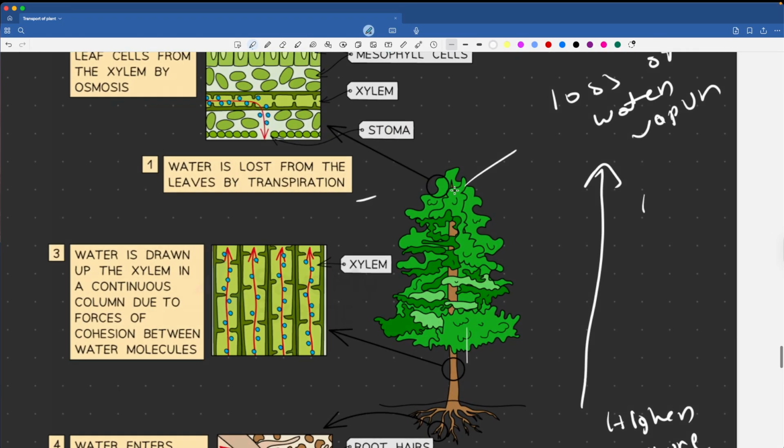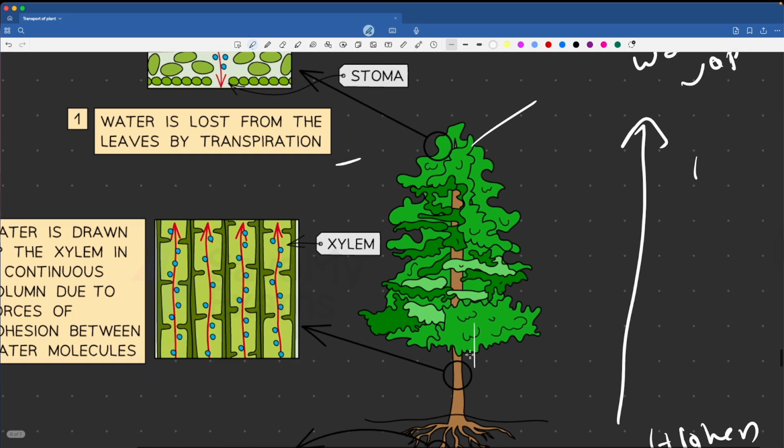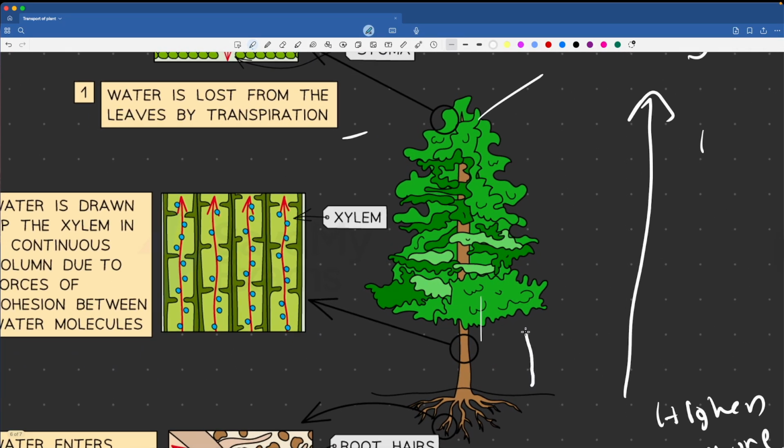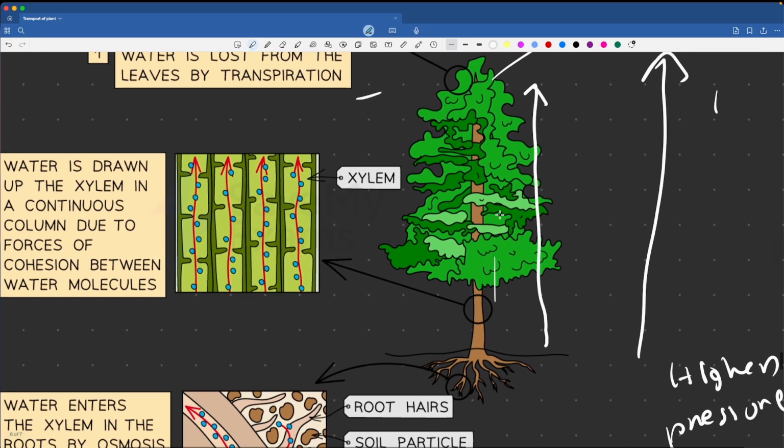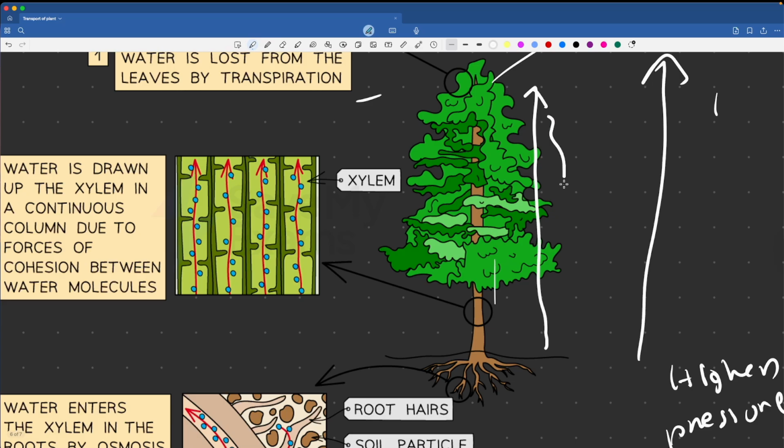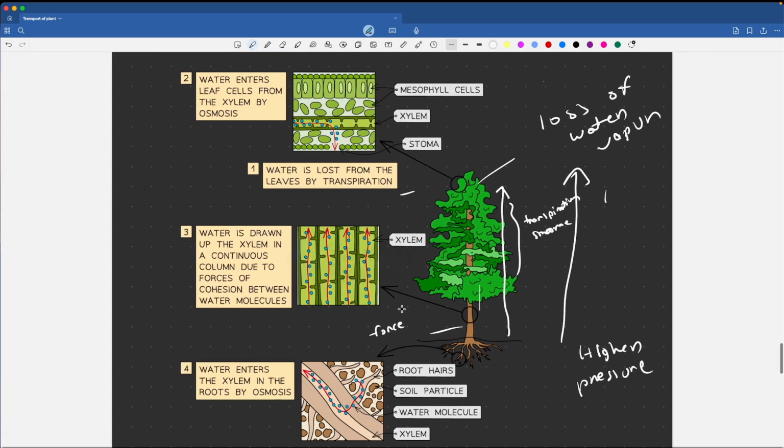As a result, water is drawn from the higher pressure to the lower pressure, and this stream of water is known as the transpiration stream. The suction force that is provided is the transpiration pull.